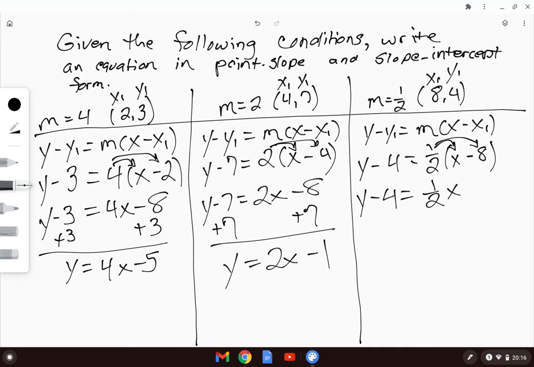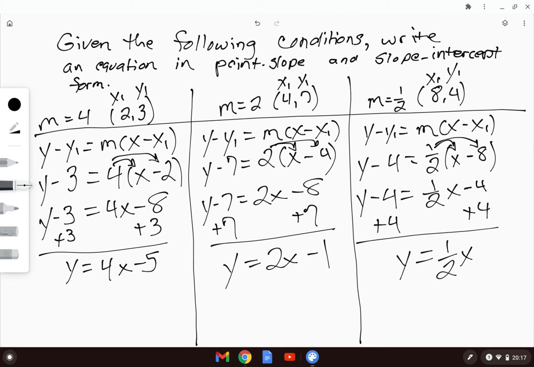And then 1/2 times that is going to be minus 4. So now I add 4 to both sides. So I have a line here on the last one that's just going to go through my origin, y equals 1/2 x. Because when my y-intercept is 0, that means the line goes through the origin.